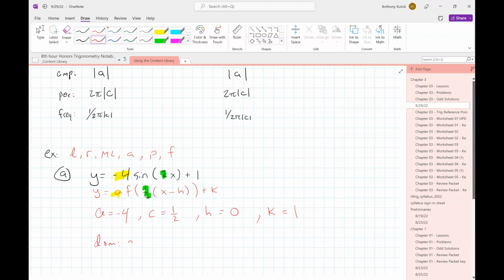So my domain is all real numbers. That's easy. It never changes. What's my range? I know it's a bracket, and it's K minus the absolute value of A, comma, K plus the absolute value of A. So that's [-3, 5].